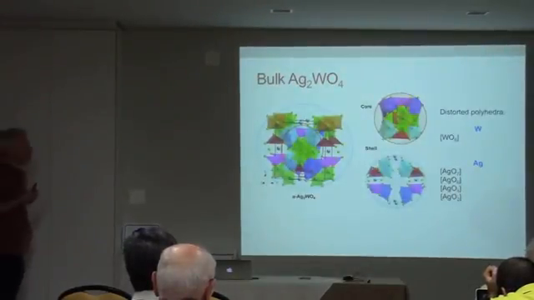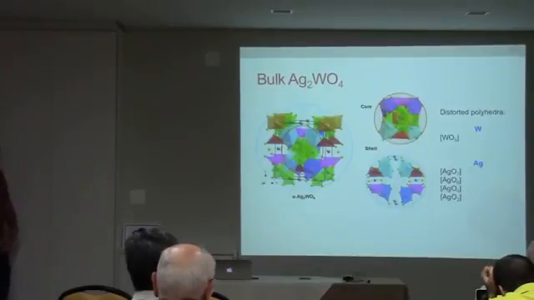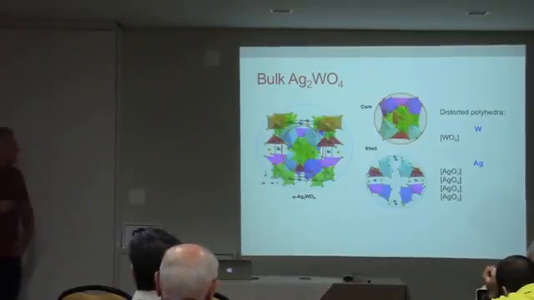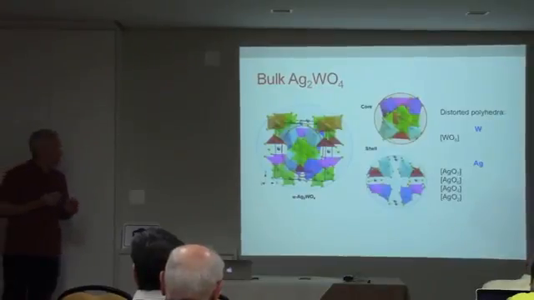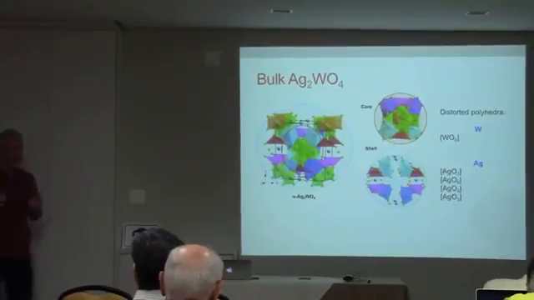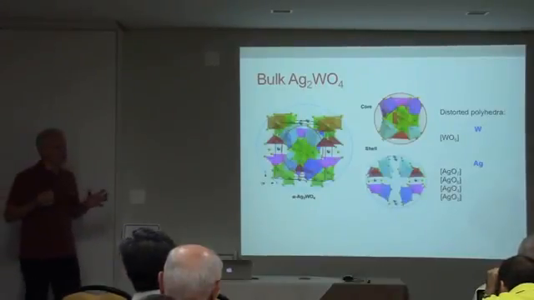Let's start by looking at the structure of the bulk silver tungstate. This is a metal oxide, a bit tricky in the sense that it's made of distorted polyhedra.